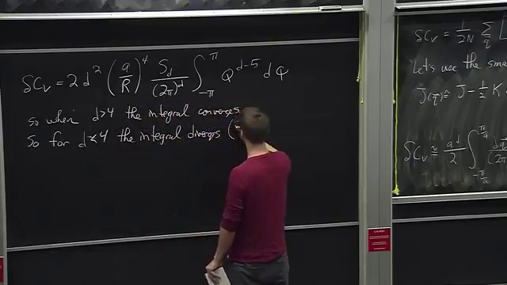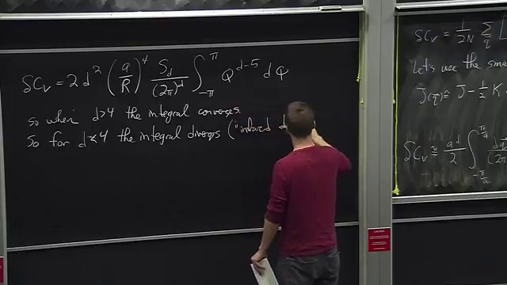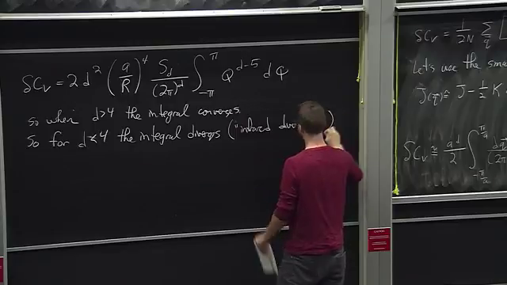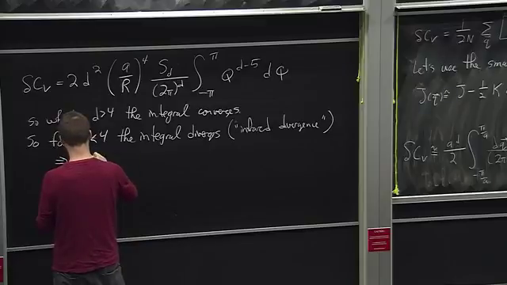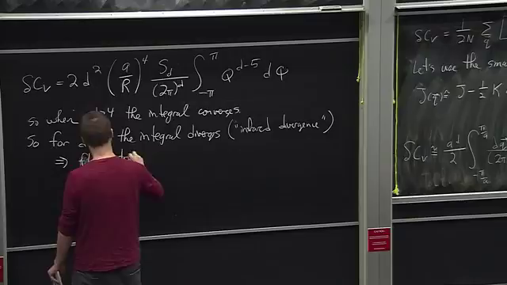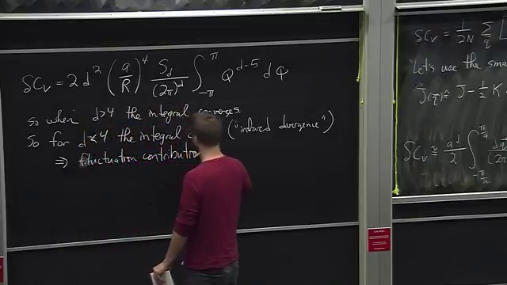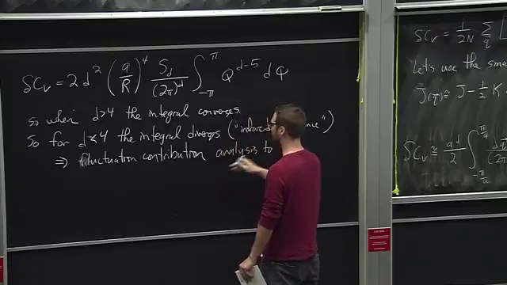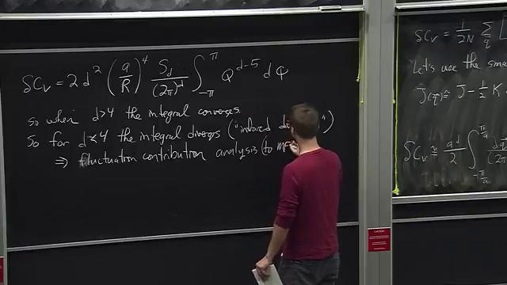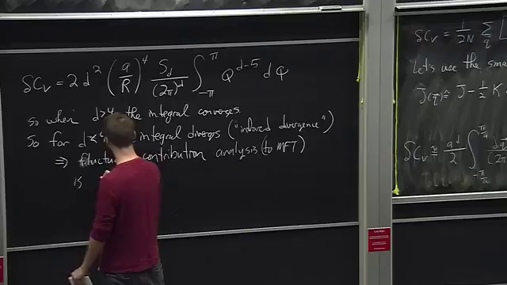They call this the infrared divergence sometimes. So the fluctuation contribution to mean field theory is qualitatively wrong.